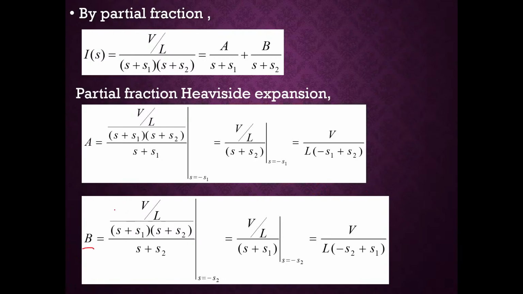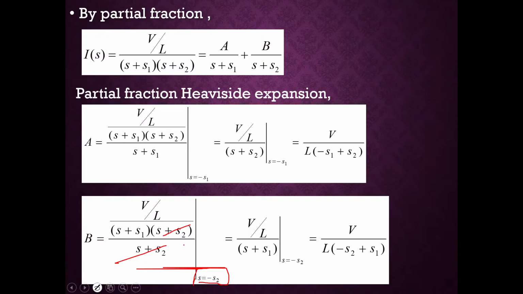So B is equal to I of S term divided by the denominator of B, that is S plus S2. After that, you just see what are the terms that can be cancelled. S plus S2 can be cancelled. And B is determined at S is equal to minus S2. This is it. Simply equate the denominator to 0. You will get S is equal to minus S2.